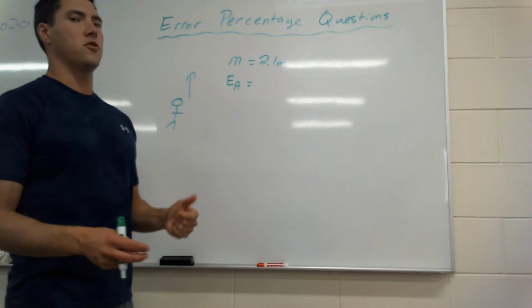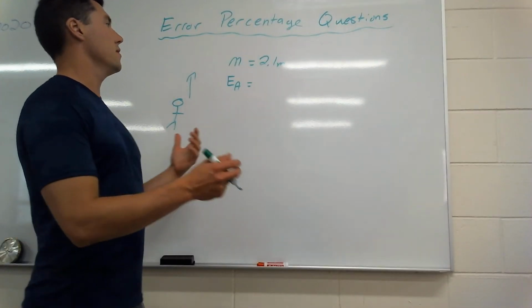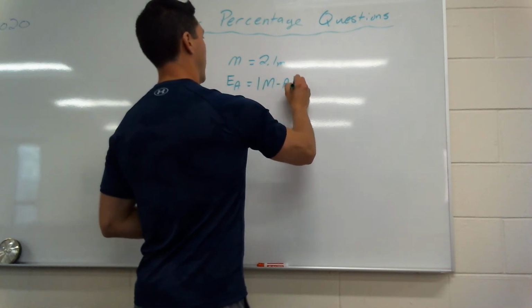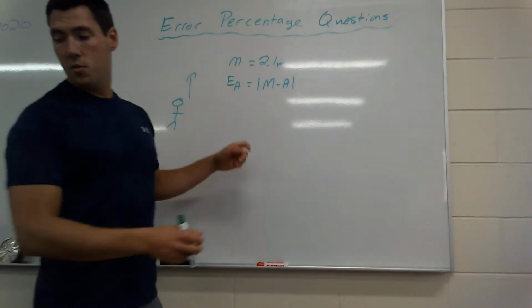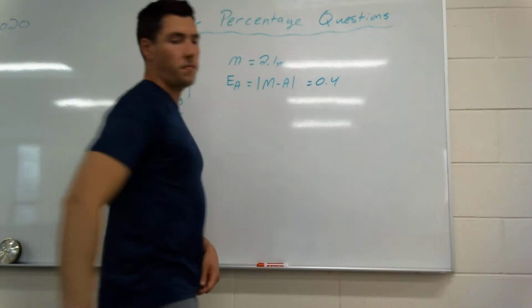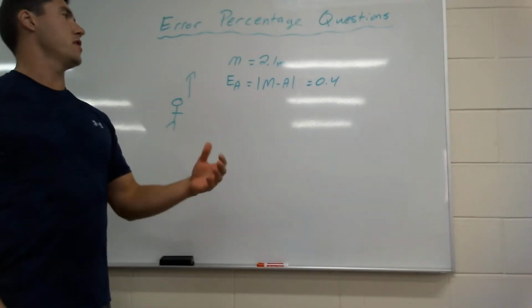An absolute error is just how much you were off by. So basically this is just your M minus A, and it says this was equal to 0.4. And the question asks, what is the actual percentage error?